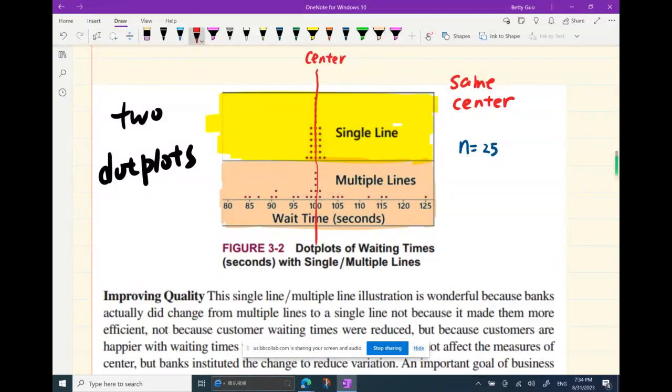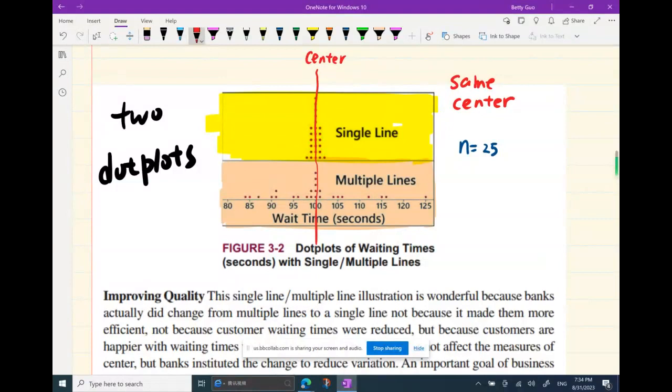So here we want to consider a question. If you are a customer, would you like to wait in a single line, or in multiple lines for service in a bank? Based on the two graphs we have here, statistically, the average waiting time is the same. However, in the single line case, the waiting time is more consistent.